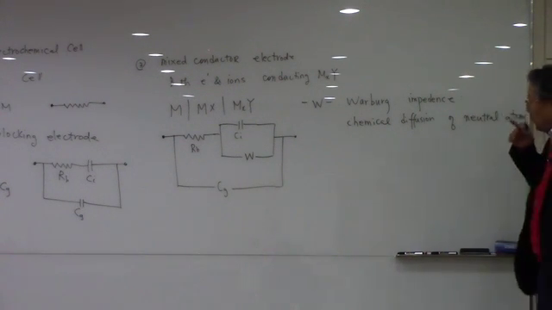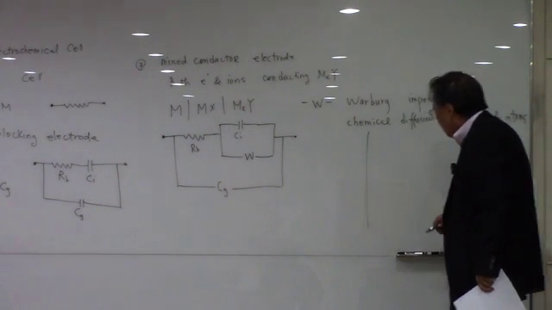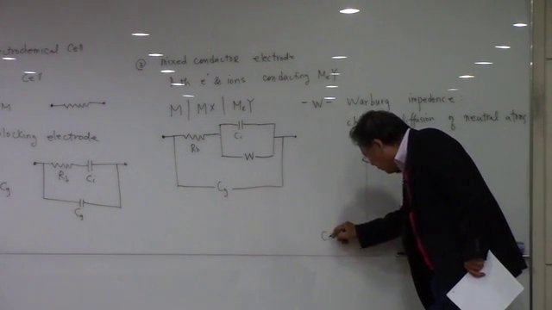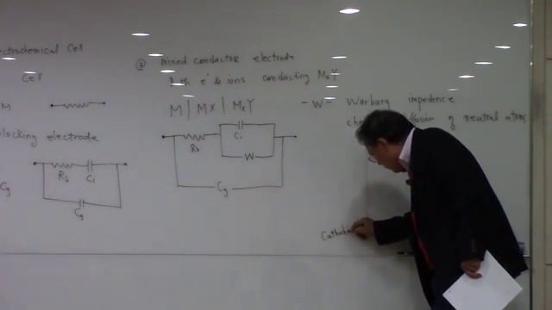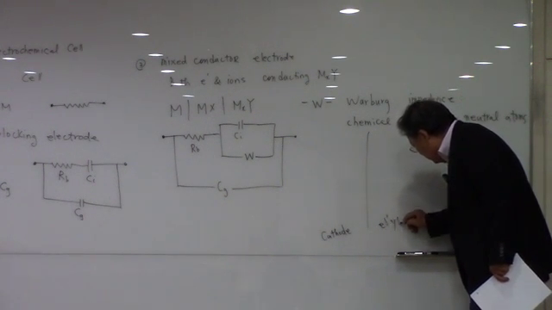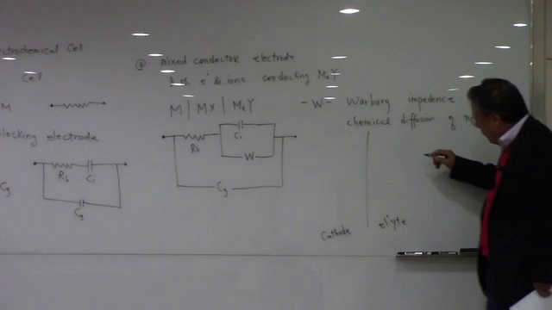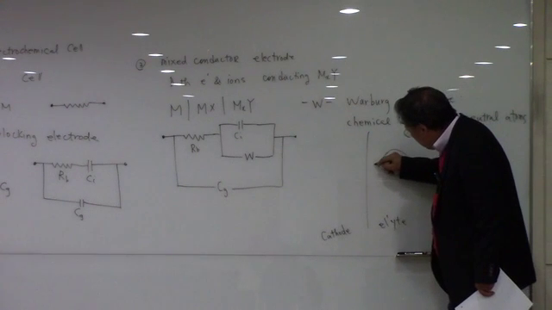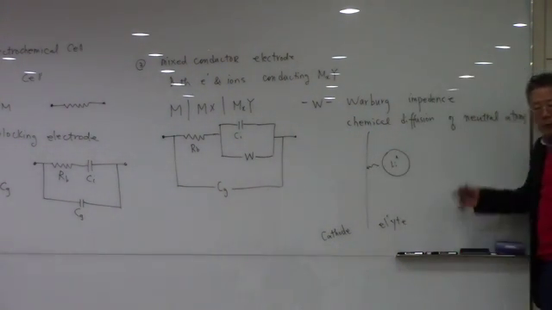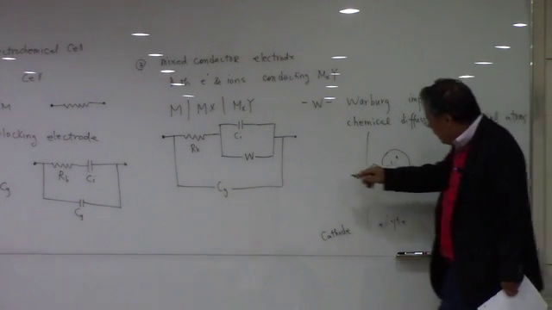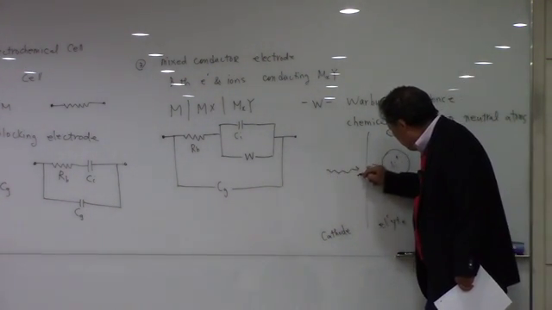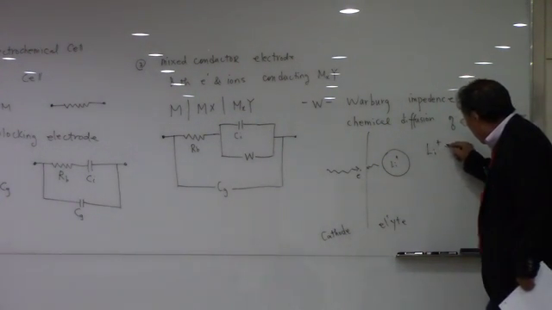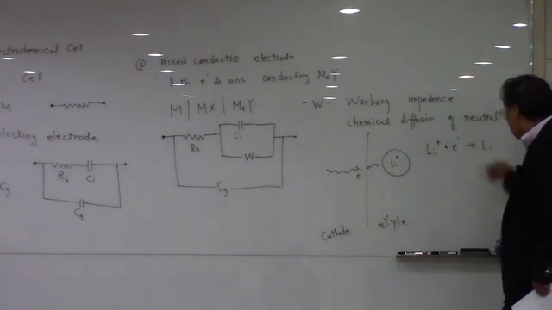At this point, let me emphasize the point that if this is a cathode and this is an electrolyte, and let's say you have lithium ions approaching the cathode with the electric field, then electrons are going to meet the ions to have a reaction like this.